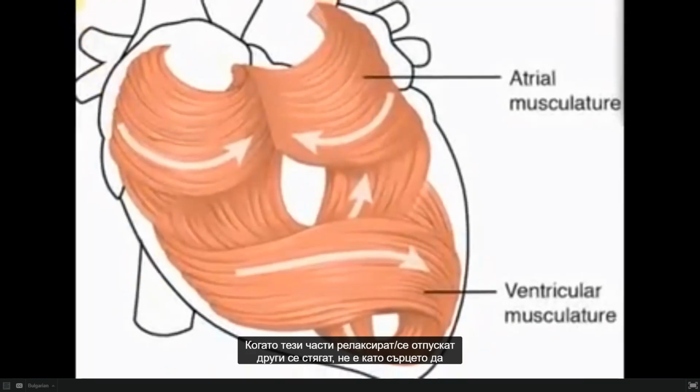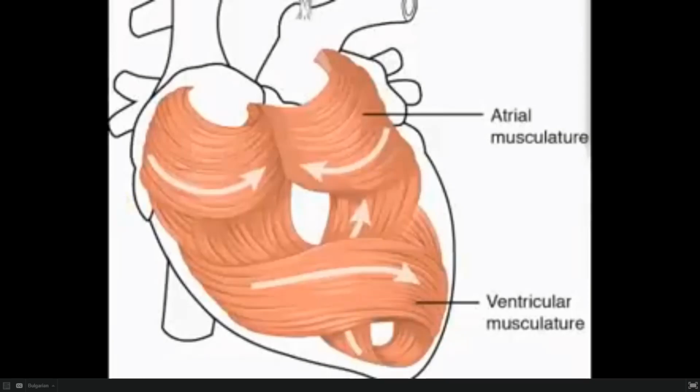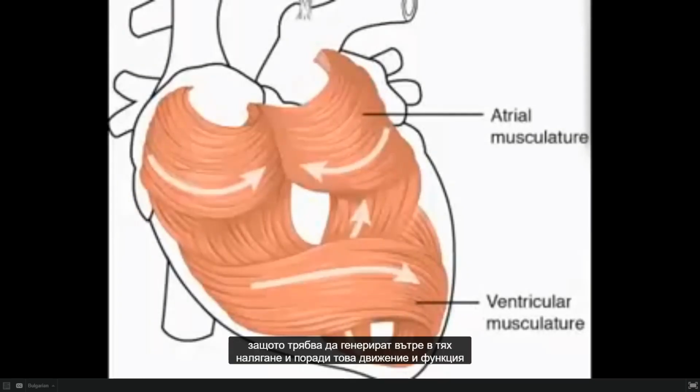It is not that your heart contracts all 4 chambers in one go and relaxes all 4 chambers in one go. No, they work one by one because they have to generate pressure inside of them, and because of that movement and function of the heart wall, they have an isotonic and an isometric state.